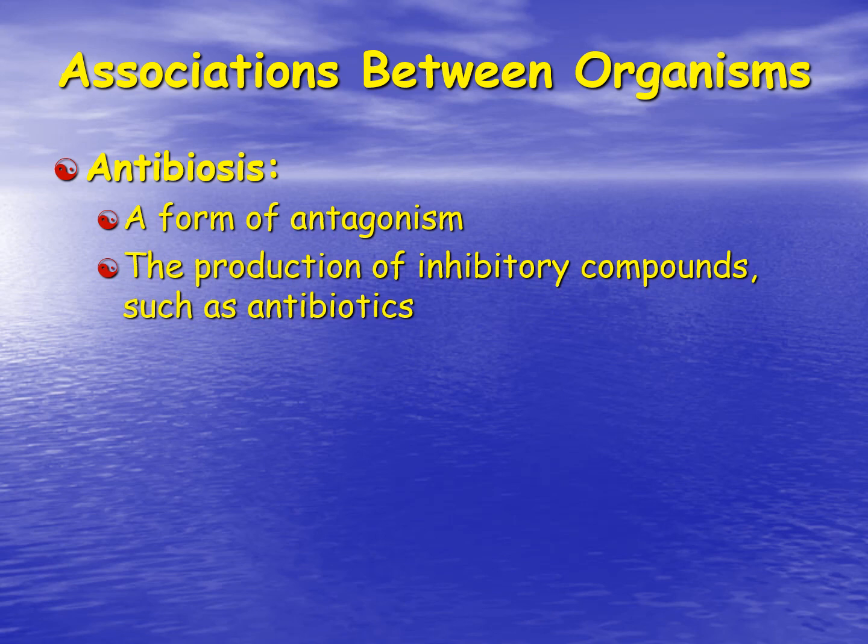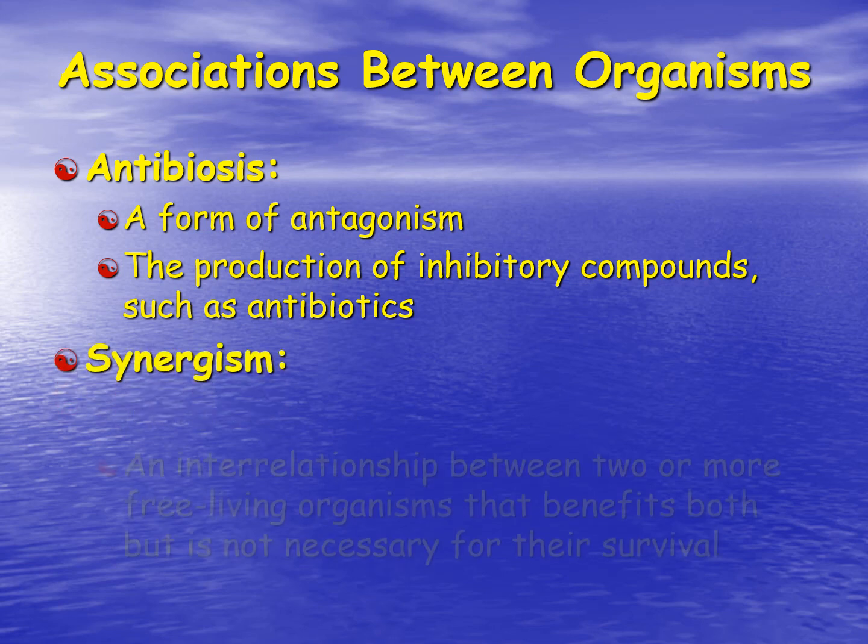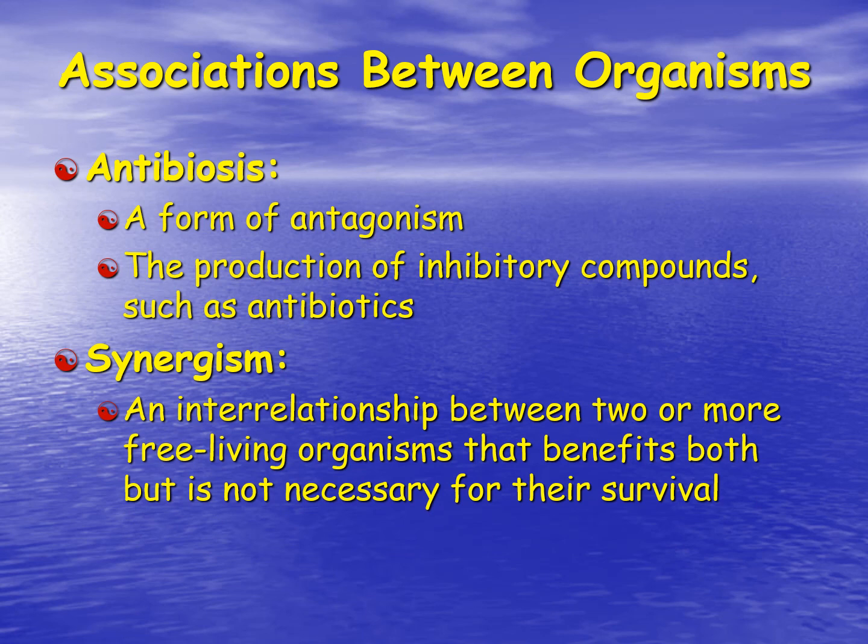This is the production of inhibitory compounds, such as antibiotics, by one organism that will destroy another. Then synergism is that interactive relationship between two or more free-living organisms that benefit both but are not necessary for their individual survival. Basically, they're better together than they are single.